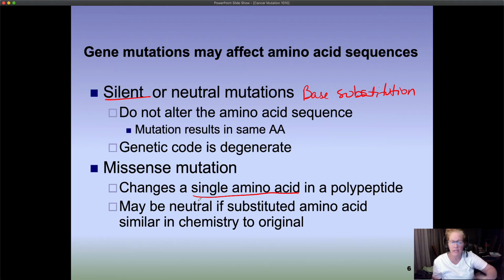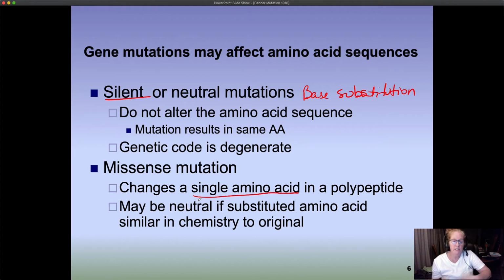And of course, depending on the amino acid that gets changed, if a hydrophobic amino acid is replaced with another hydrophobic amino acid, then that's not going to be such a horrible substitution. It may slightly alter the function of the protein, but it's probably going to keep the actual structure fairly similar. So the protein may still function.